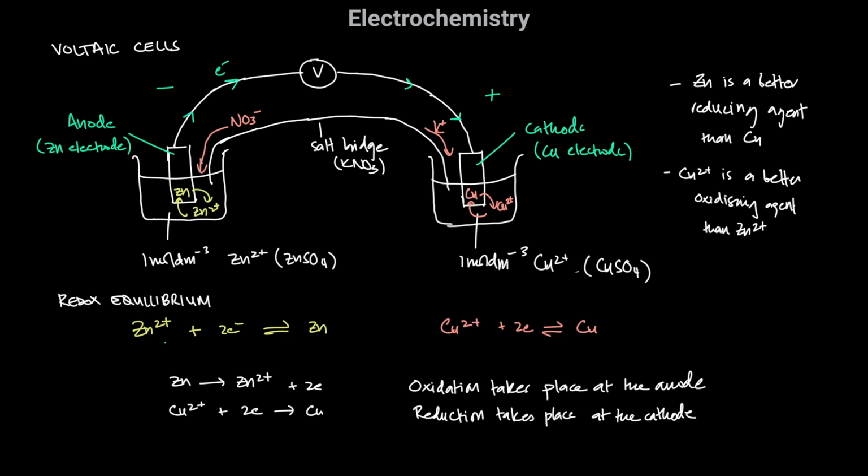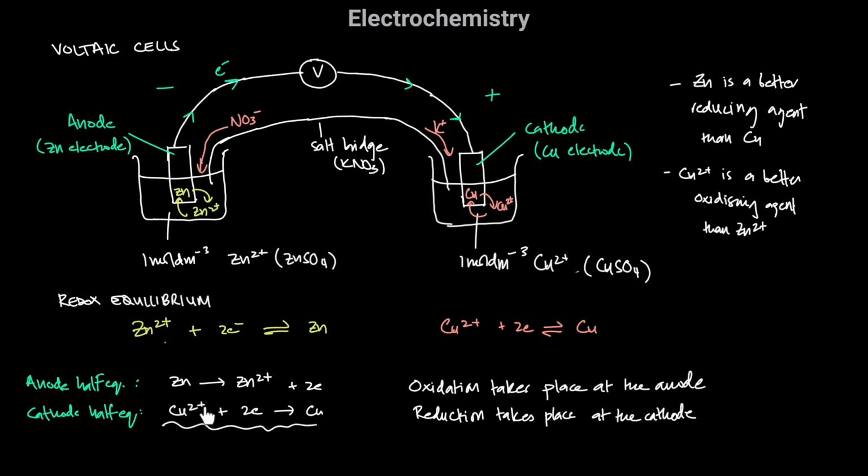This is our half equation for the anode, right? This is the reaction taking place at the anode, right? And this is the half equation for the cathode, right? So the half equation for the anode will show oxidation, the half equation for the cathode will show reduction, and therefore the overall equation for this cell.